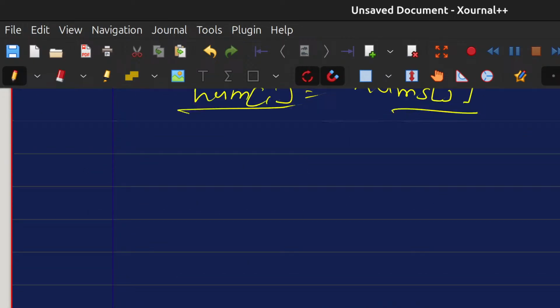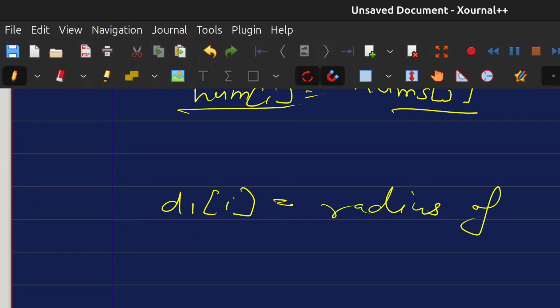So what this Manacher's algorithm does is it computes d1 of i, right? This will compute the radius of the longest odd palindrome.